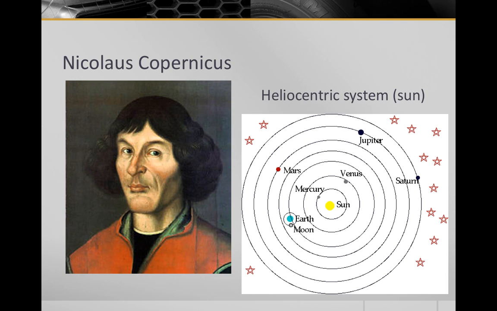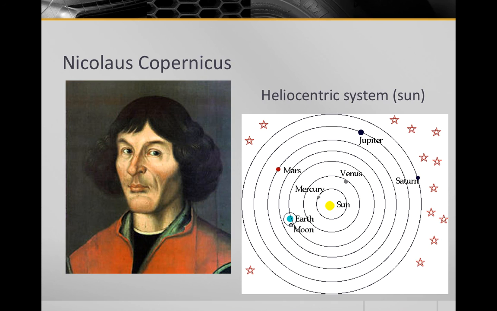So Copernicus comes along and he says, no, I don't think that the Earth is the center of the universe, but instead I think that the sun is the center of the universe. Now, all of you that have had any basic learning about our universe and solar system know that all of the planets revolve around the sun. And Copernicus was the first individual to present this idea, which we understand as common scientific knowledge now.